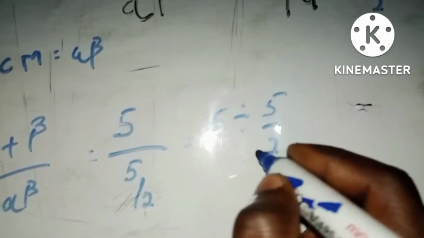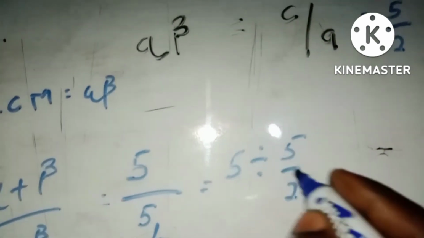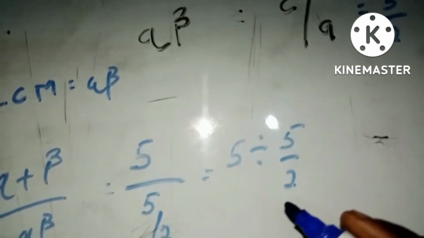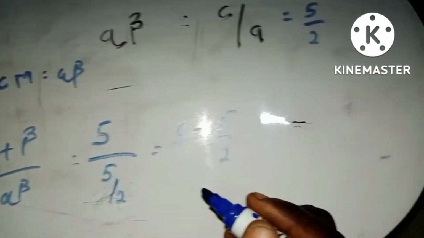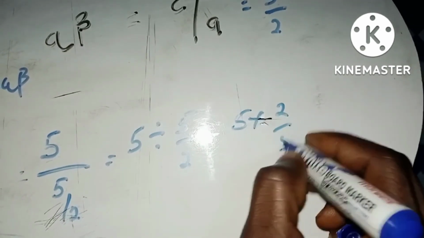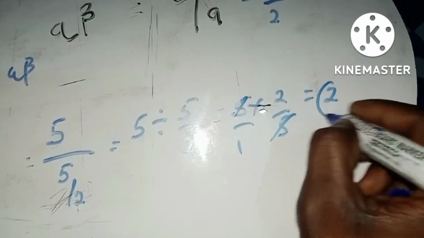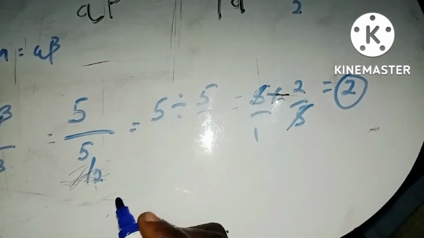We don't divide by a fraction. The rule here says that you should change this division sign to a multiplication sign and flip the second fraction. So here is going to be 5 multiplied by 2 over 5. So this cancels out, and the answer is equal to 2.